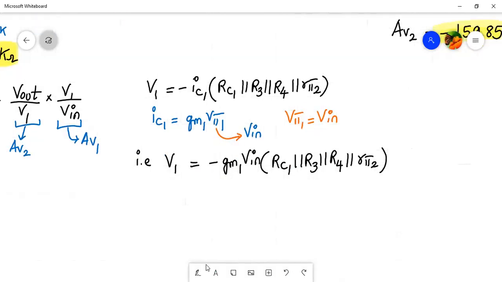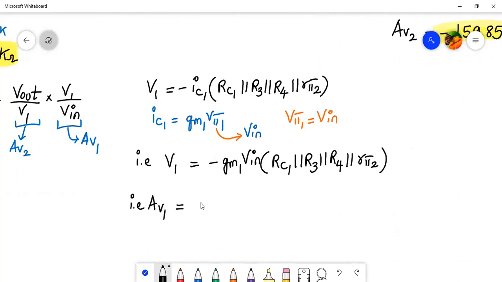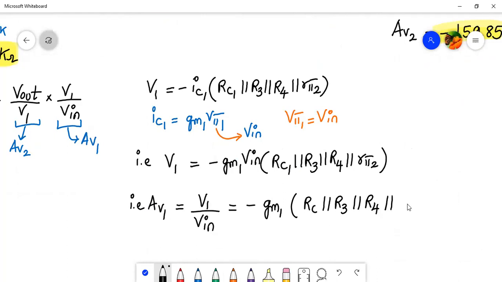Now we can divide by V in. So that will be AV1, which is equal to V1 upon V in, which is equal to minus of gm1 into RC1 parallel to R3 parallel to R4 parallel to R pi 2. Okay, so we'll get this expression.